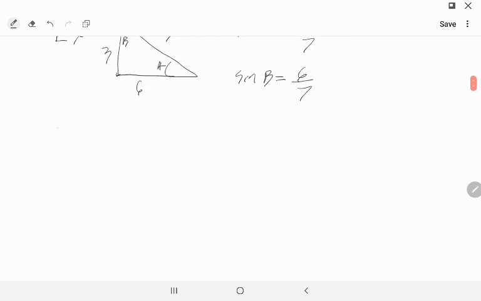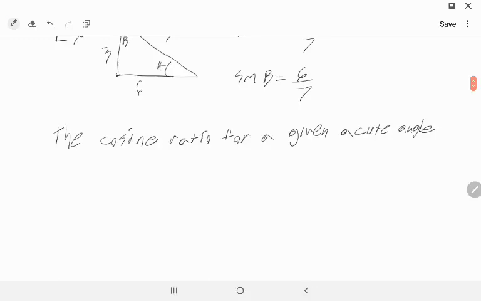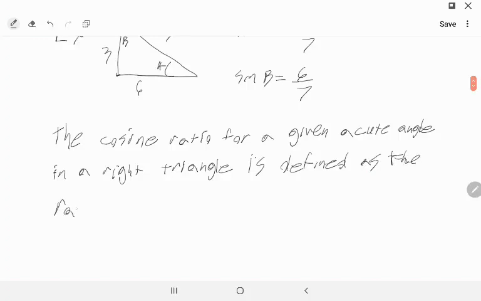The cosine ratio for a given acute angle in a right triangle is defined as the ratio of the adjacent side and the hypotenuse.